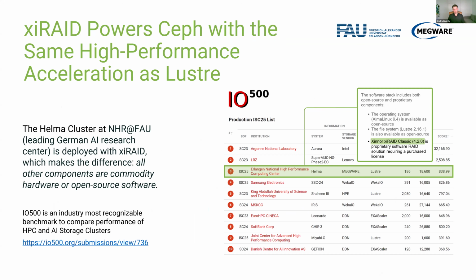The technology that we developed is used at scale for large installations today. So let's look at our IO500 deployment, which was done at the Erlangen National High Performance Computing Center in Germany. It's one of the biggest AI supercomputing centers in Europe. So we managed to be on the podium of IO500 out of all deployments in production.